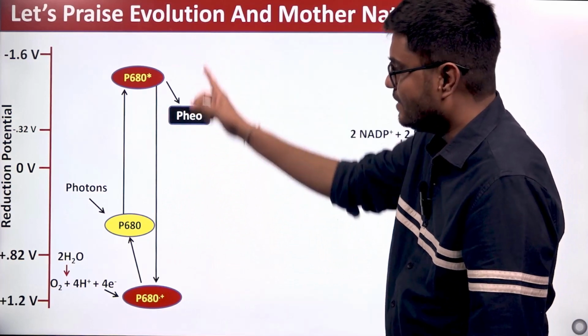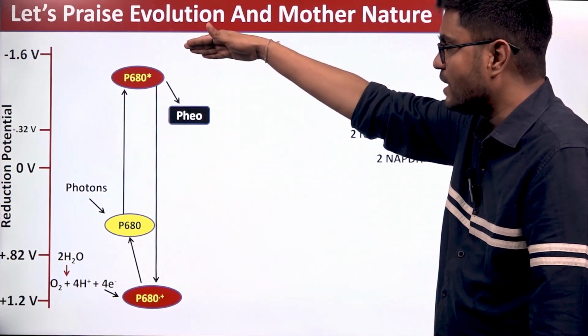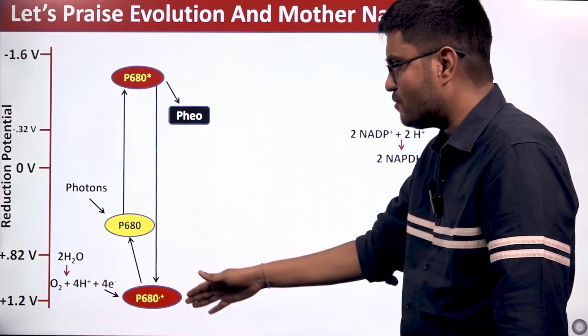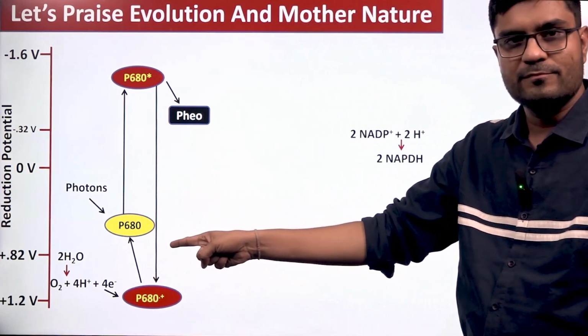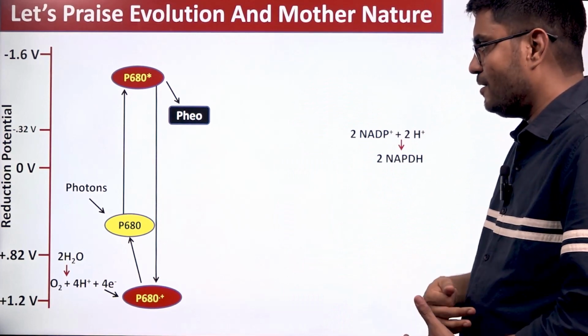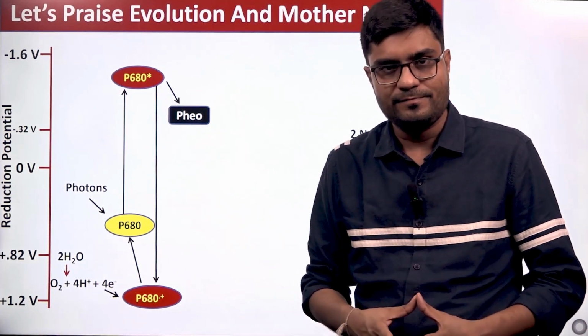The cycle is ready to go again. Absorb the photon, become excited, lose the electron, become a radical ion, have the highest value of reduction potential, and snatch the electron from water. You can do it continuously, 24 hours, every second, whenever photons are present.